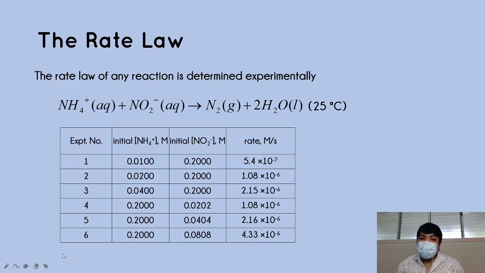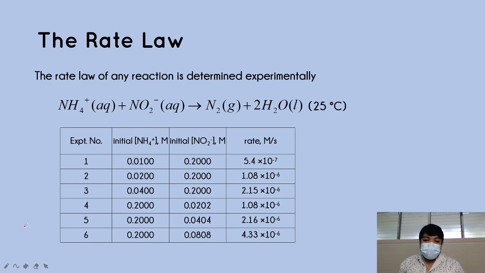What they usually do, not only in rate law determination but in reaction kinetics in general, is conduct a series of experiments for that particular reaction. You hold all factors constant except for one reactant, including the concentration of the other reactants that you don't want to study.